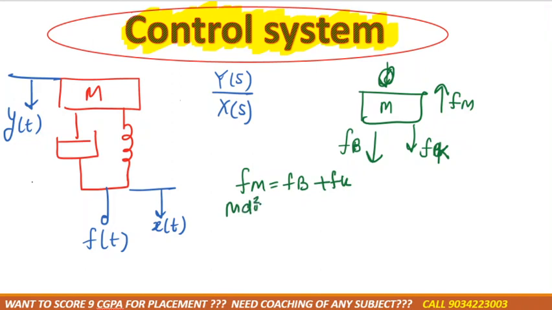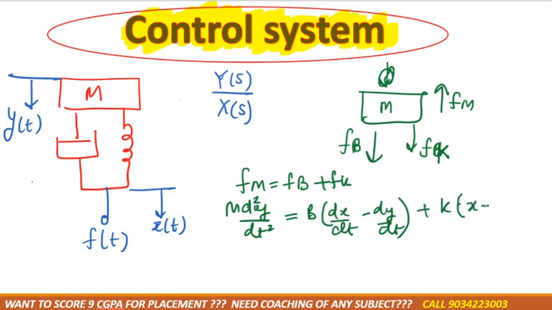M into d2y by dt square, plus b into dx by dt minus dy by dt, plus k into x minus y. Now you need to convert it into the Laplace form.